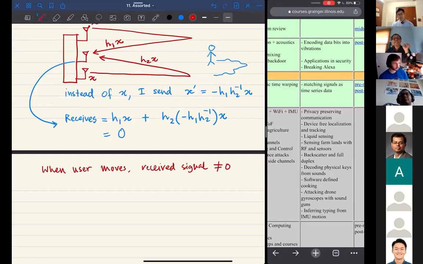And the only reason it's not equal to 0 is because the user is moving, right? So now you see, I have a signal that's changing because the user is moving. Haha, can I start saying things about the user?